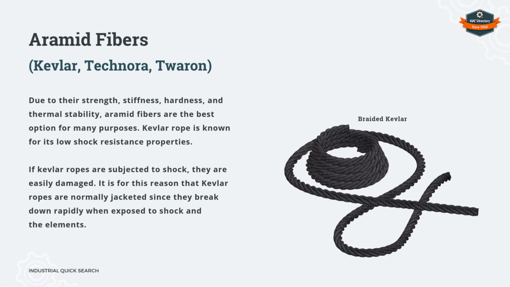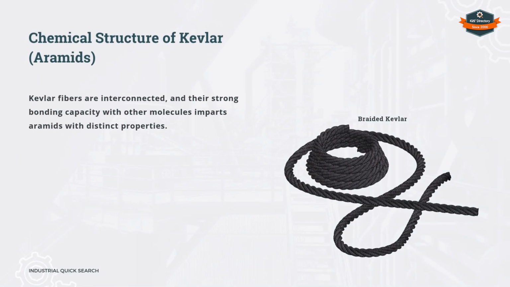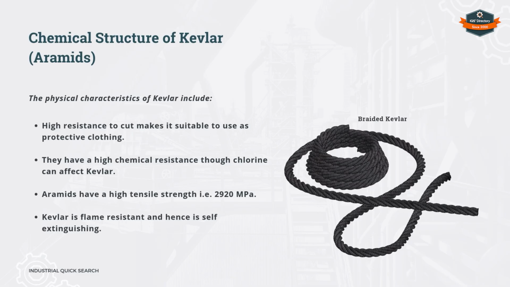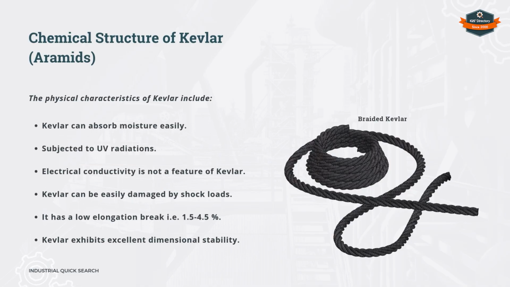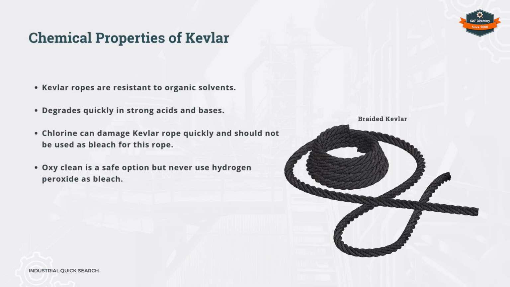Types of fibers. Aramid fibers. Kevlar, Technora, Twaron. Chemical structure of Kevlar. The physical characteristics of Kevlar include chemical properties of Kevlar.